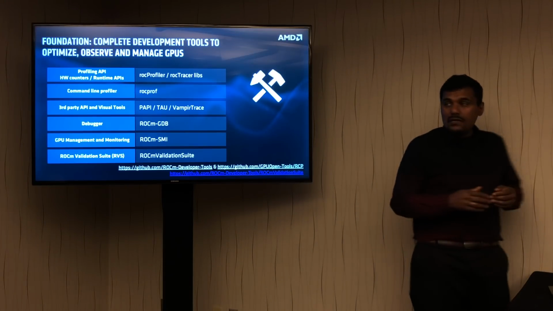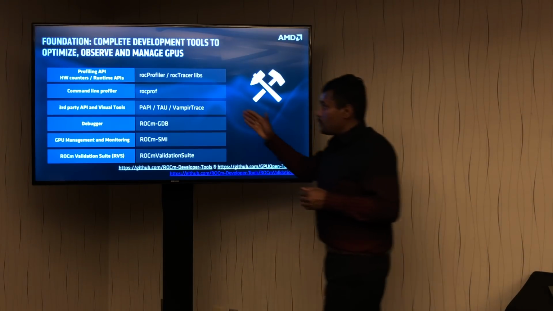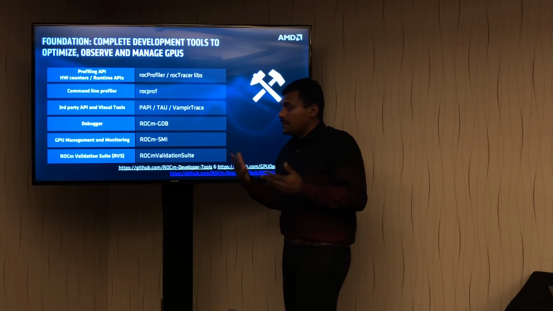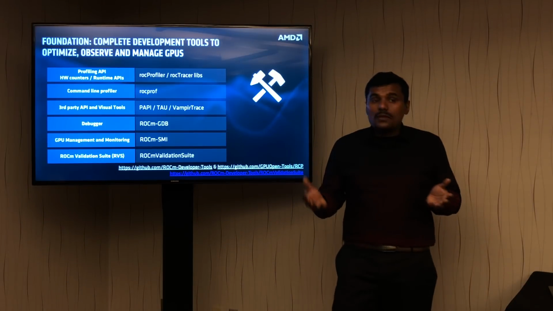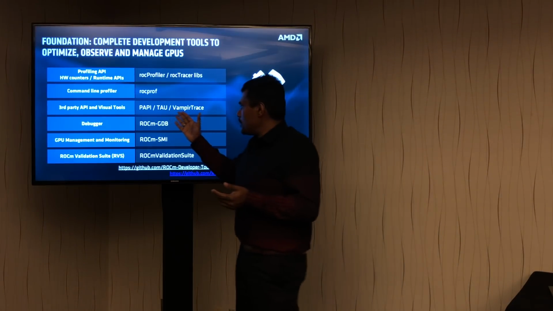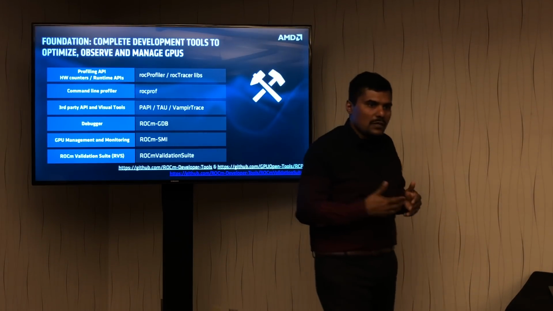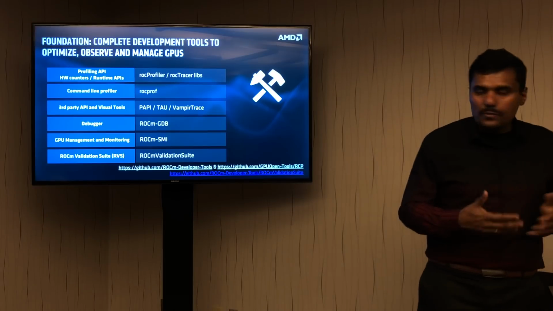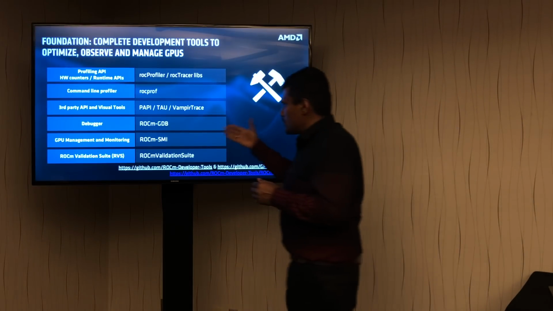We have various tools like the ROC profiler and the ROC tracer for profiling and tracing. We are also working on tools with third parties like TAU, PAPI, and Vampir. We have some university relationships, and we are working with them to get those integrated.